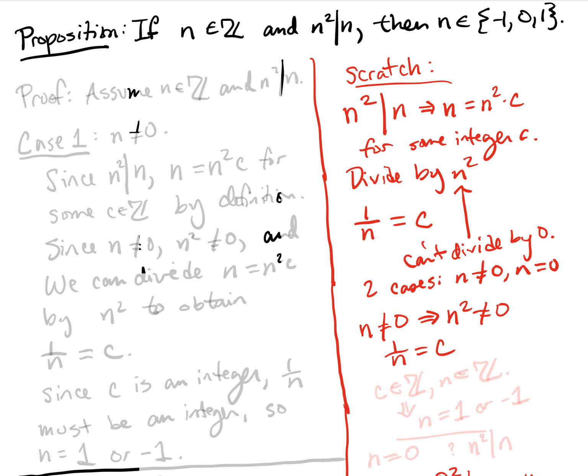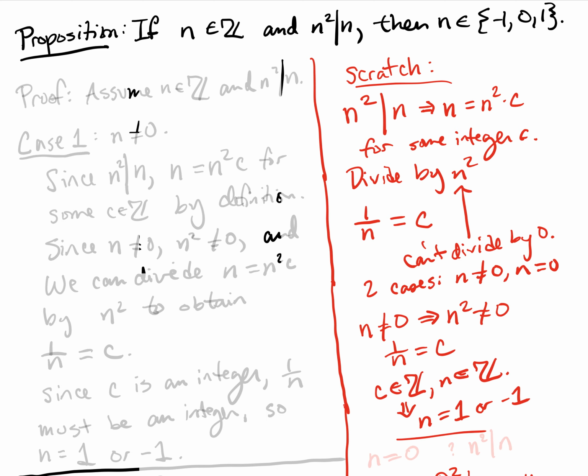What values can n have in that case? c is an integer, and n is an integer as well. Since c is an integer, n could only be 1 or -1, because those are the only values of n that allow 1 over n to be an integer.